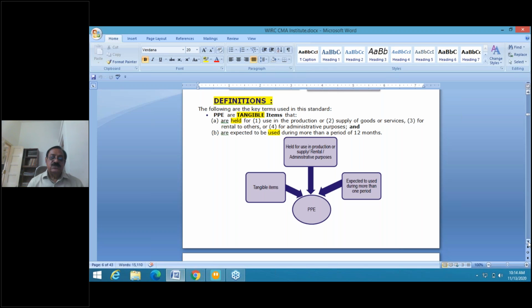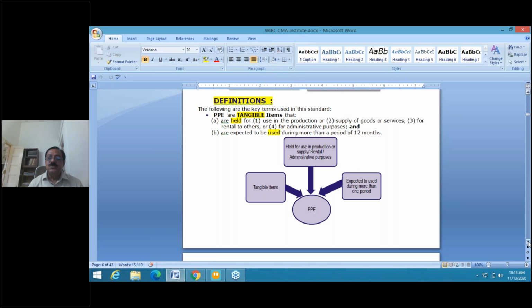And not only one condition, it should be held and used. Second condition, both conditions are fulfilled, only then these assets come under the purview of this accounting standard. What is the second condition? They are expected to be used during more than a period of 12 months.